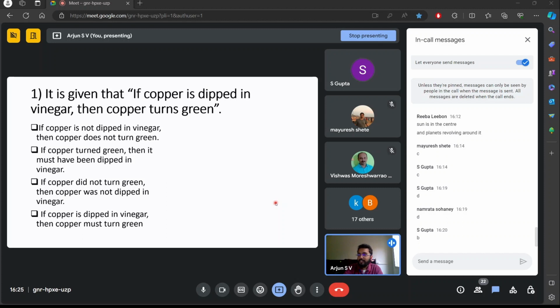So it is given that if copper is dipped in vinegar, then copper turns green. They are given four options for that. Forget the grammatical structures because none of the inductive or deductive logic or the syllogistic logic focuses on any grammatical structures, like tenses. It comes in modal logic, sir.